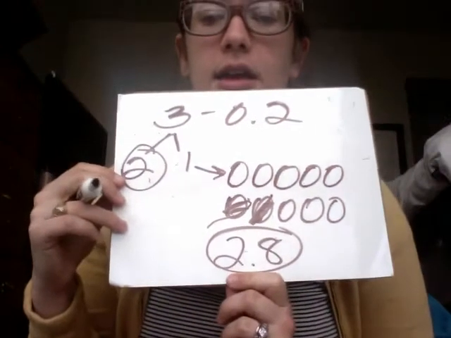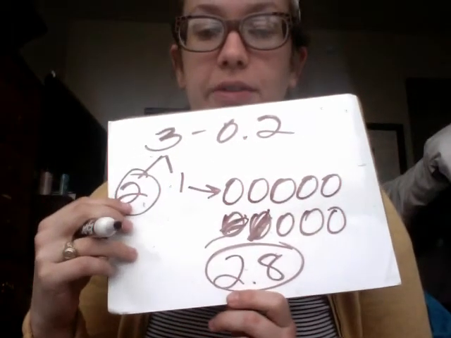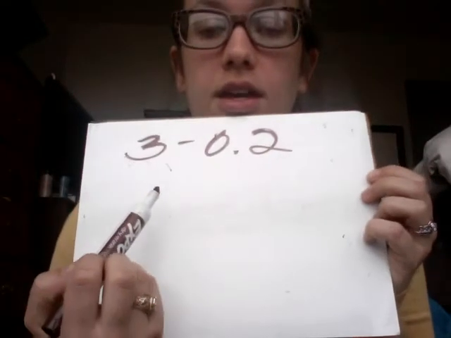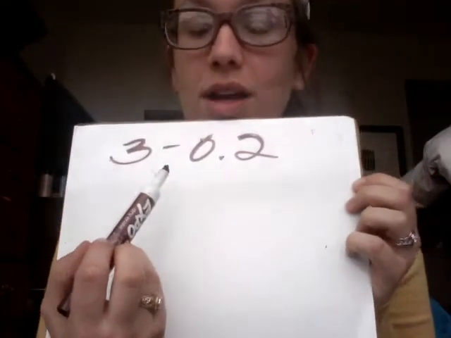2.8. Another way you could think about this is how many tenths. You could think, how many tenths is 3 wholes, or 3 ones?